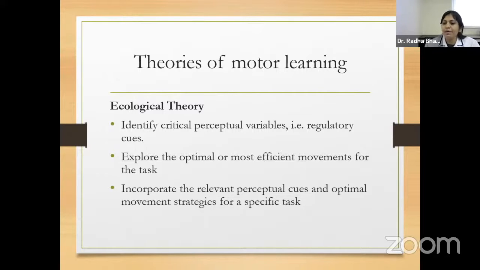For example, if I want to lift a glass of water, the glass may be of steel, of paper, or of plastic, but the action is the same. When I am given exposure to this variety, I will have my movement strategy for that specific task, and I will build my perceptual cues in that way.